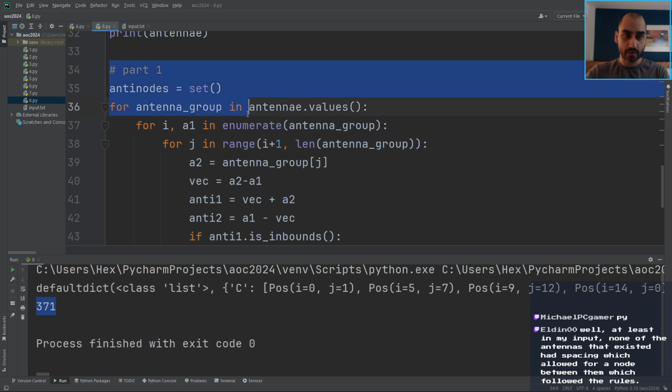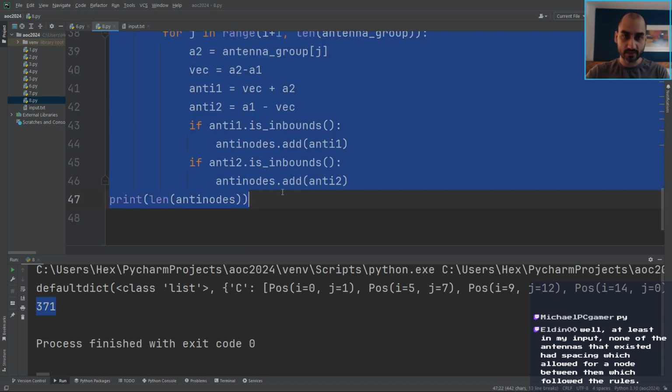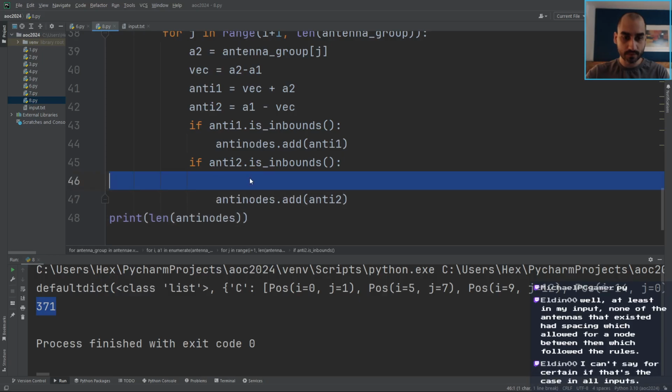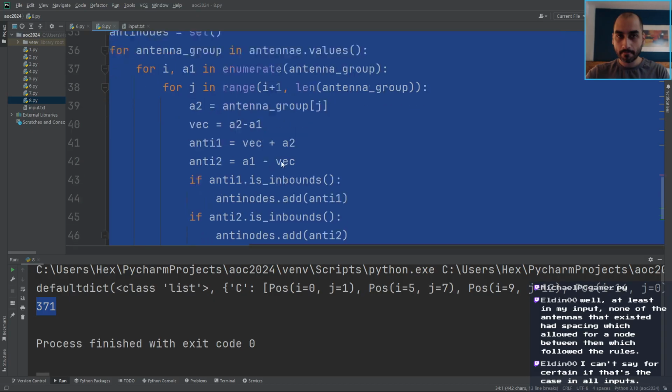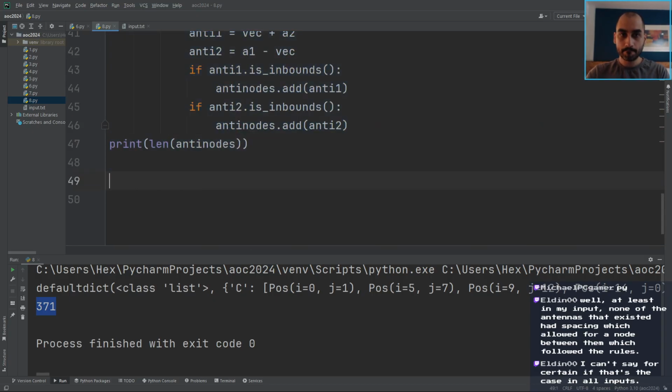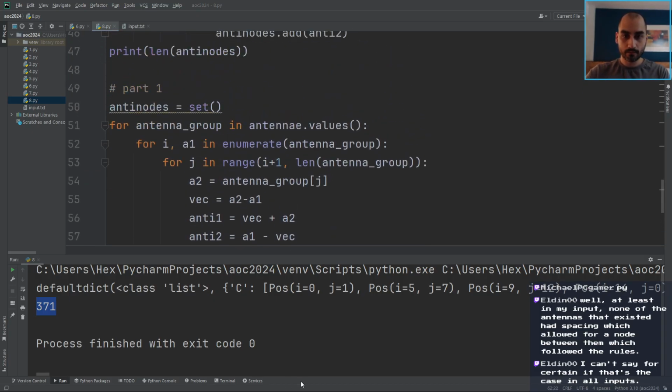But I'll code it according to this assumption that was never stated. Part 2. So we've got antinodes again, just do the same thing again.